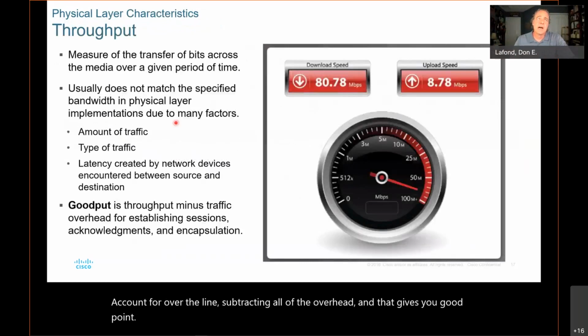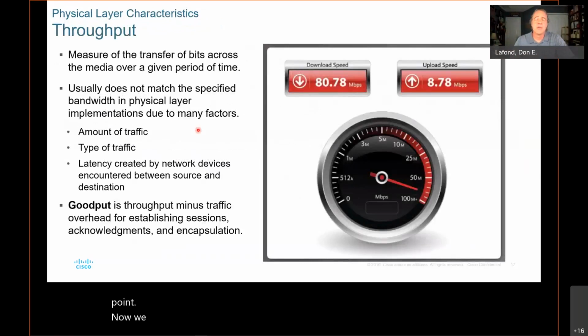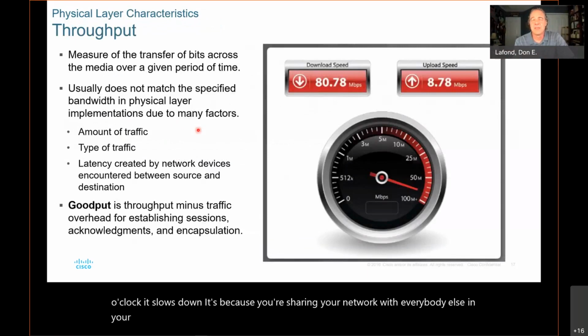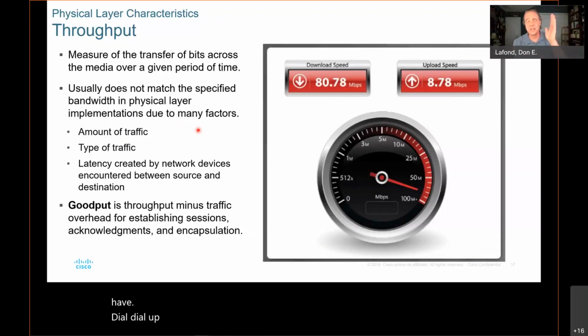Now we know throughput at home, for example, if you have a cable system at 5 o'clock, it slows down. It's because you're sharing your network with everybody else in your neighborhood. Fiber, I believe, is the same, but I know that when I used to have a dial-up, right? Dial-up was a dedicated connection. You were connected.